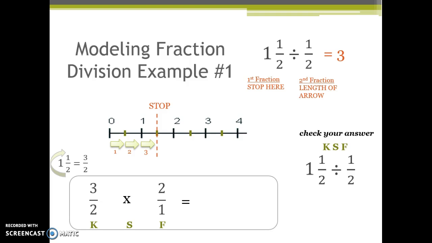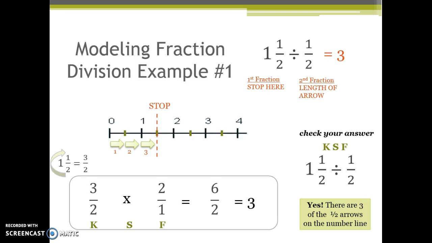So now when I multiply the tops and multiply the bottoms, I get 6/2. When I simplify that, that equals 3 as a whole number. So as you can see, everything matches up. The 3 in my check step, my answer, matches how many arrows I have. That's how you know you did it right. Your answer is going to match your arrows.